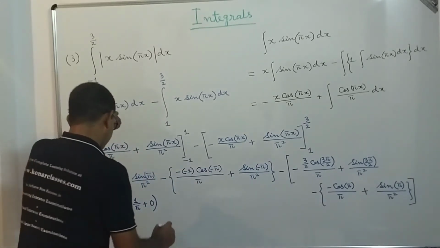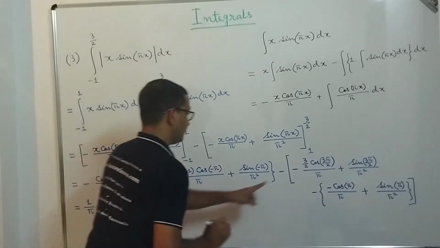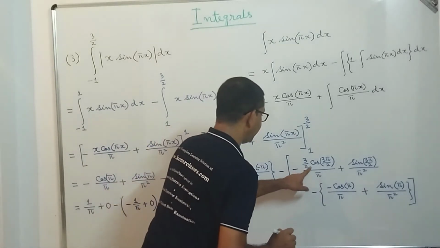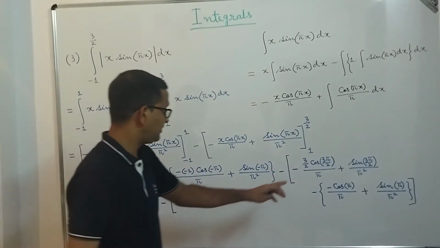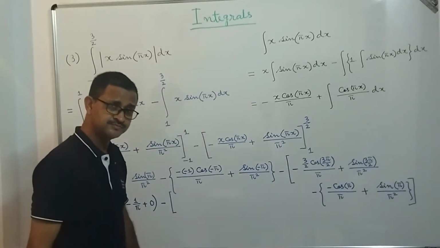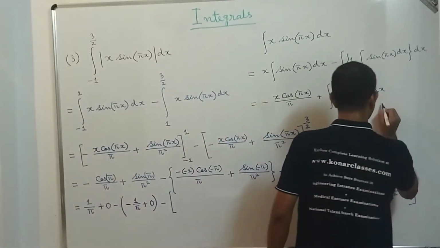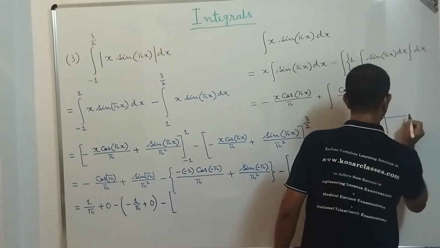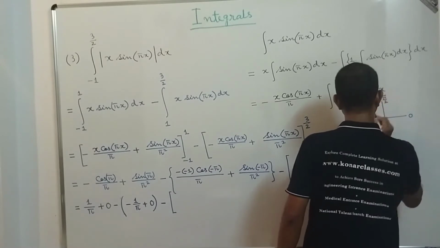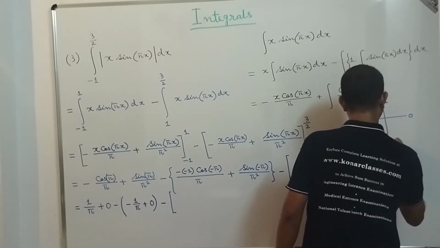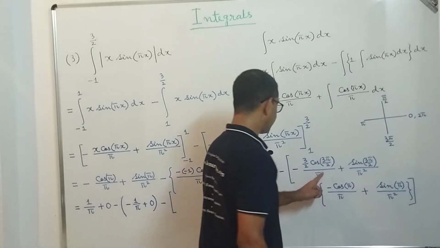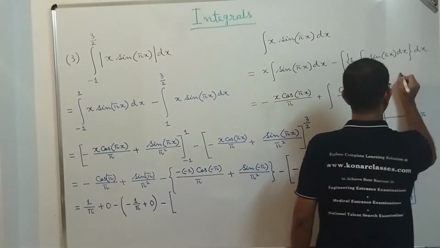Now let's proceed to this one, minus this one. So minus here, what we get, dear students, is minus 3 by 2 into cos 3 pi by 2. What is the value of cos 3 pi by 2? That is equal to 0. You can do it in many ways. If we go back to our previous knowledge of trigonometry: 0, pi by 2, pi, 3 pi by 2, and again here it is 2 pi. So cos 3 pi by 2, how can we write it?